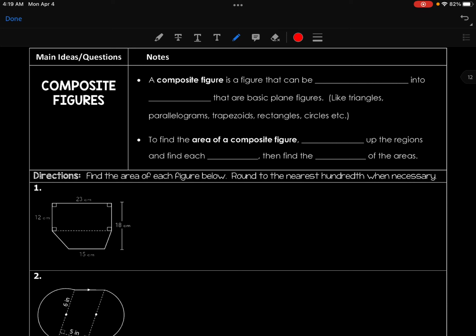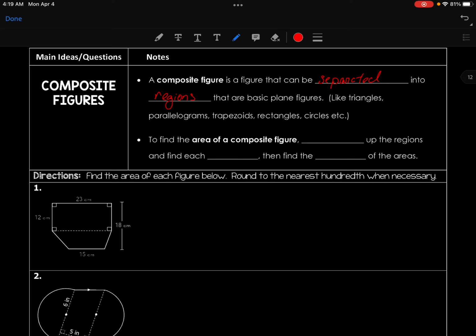Now, what is a composite figure? A composite figure is a figure that can be separated into regions that are basic plane figures like triangles, parallelograms, trapezoids, rectangles, circles, etc. To find the area of a composite figure, what do you have to do?